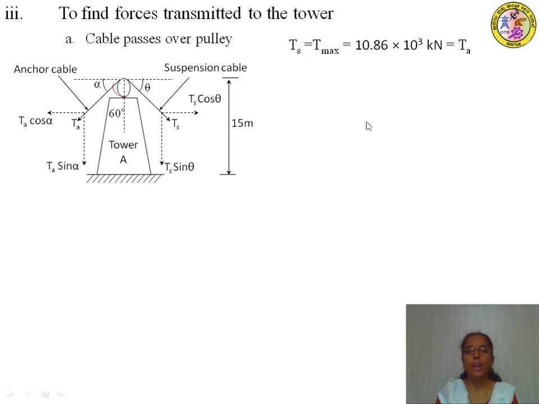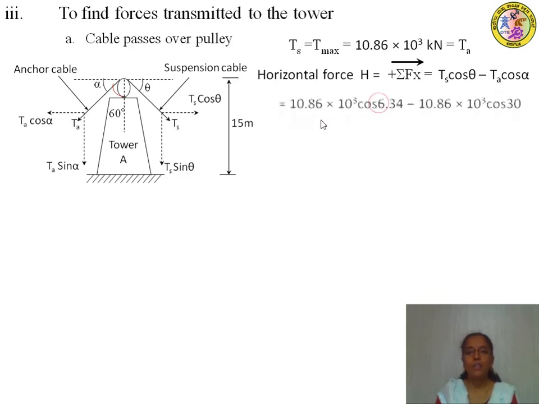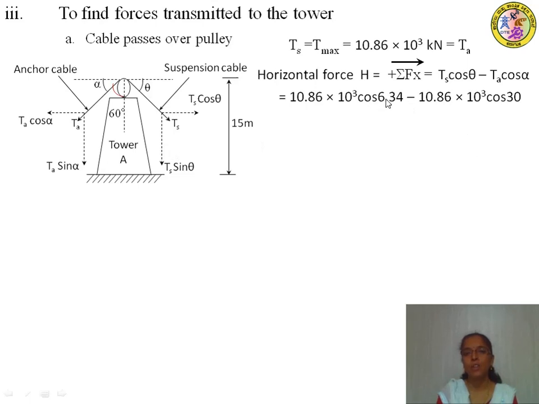Next, to find the horizontal force H, let us apply sigma Fx. When we apply sigma Fx, the resulting equation is Ts cos theta minus Ta cos alpha. Let us substitute the values now. 10.86 into 10 power 3 cos 6.34, theta is 6.34, because the angle made by the maximum tension with respect to horizontal, that is theta max, is 6.34, minus Ta, which is 10.86 into 10 power 3 cos 30.